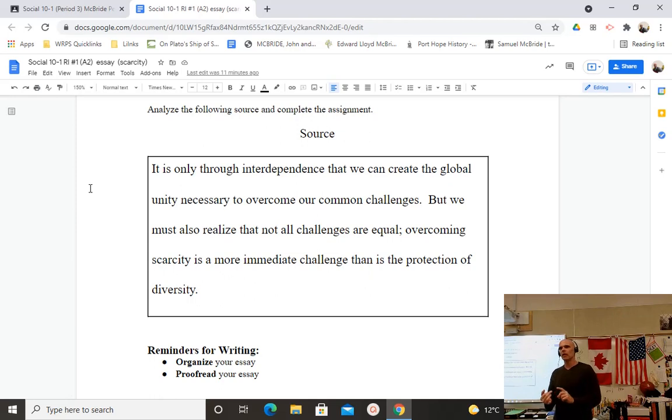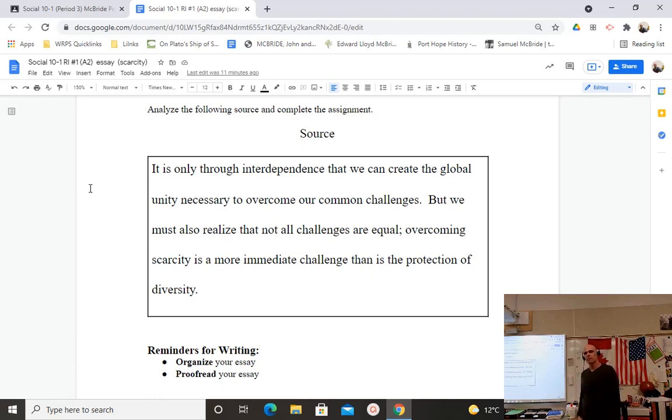What happens when people don't have homes, food, and water? They die. So even though it's not explicitly stated, we can infer that when they say scarcity is an immediate challenge, that's an allusion to the reality that people die when they don't have food and water.